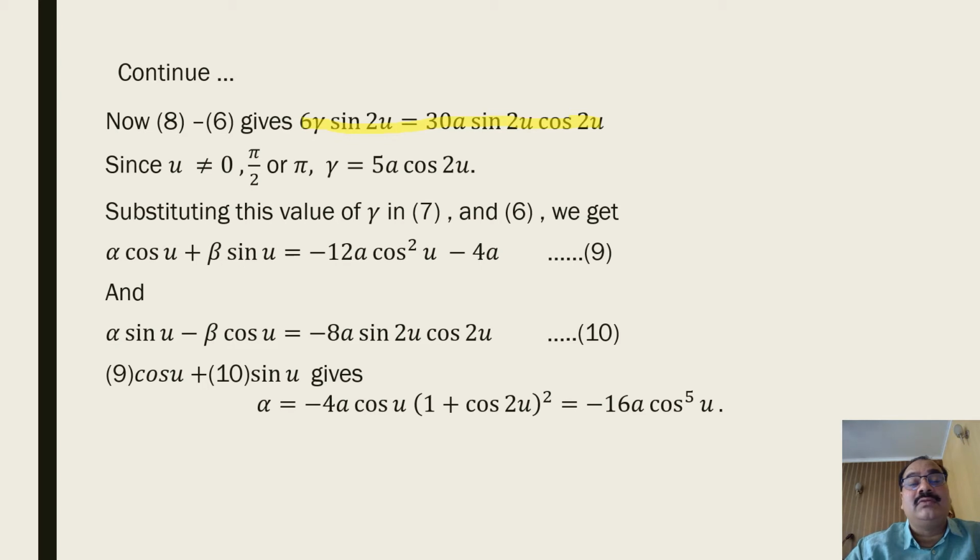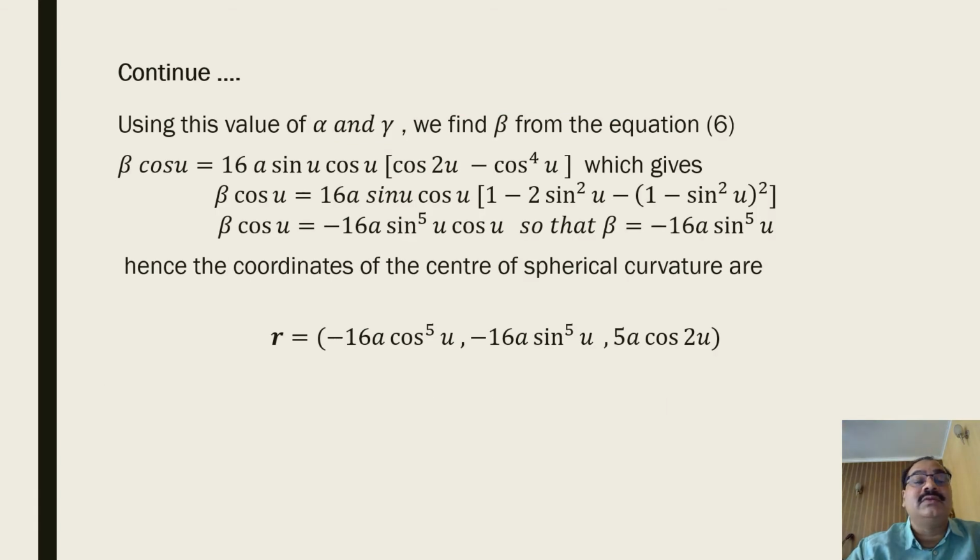Now putting these values of gamma in equations 7 and 6, you will get this set of equations and their respective values. Using these values of alpha and gamma, we find beta from equation 6, and you will get the value of beta cosine u equal to minus 16a sine power 5u.